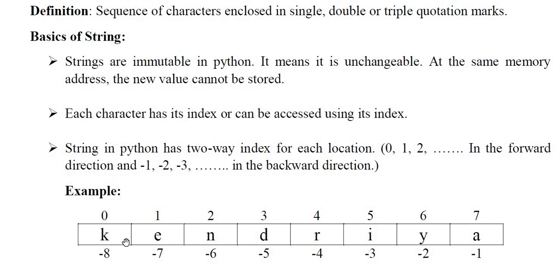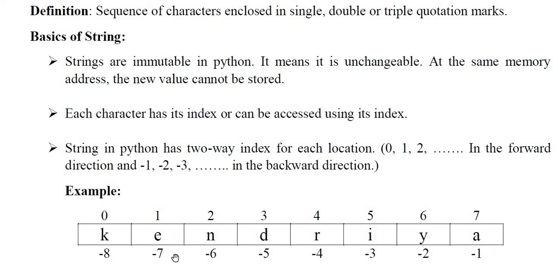See here, this is the word, stored here. Suppose the memory addresses are like this. Instead, it's just showing the index, but some address would be given, like 1024, 1025, like this.